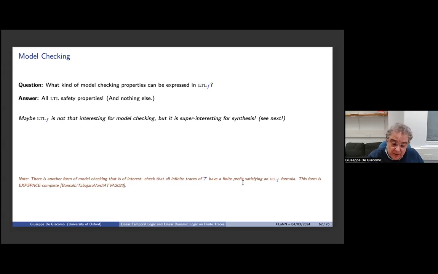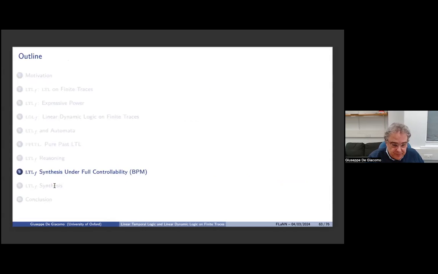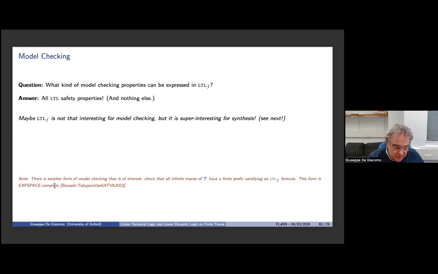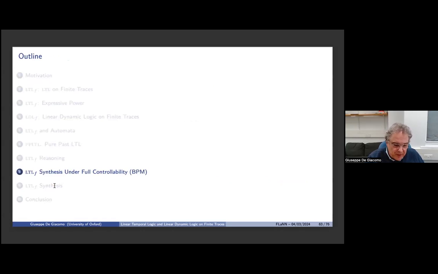This problem, which is not the classical model checking property, arises, for example, if you want to check that a certain transducer induces some nice property over formulas. This is an EXPSPACE-complete problem instead of a PSPACE-complete problem.